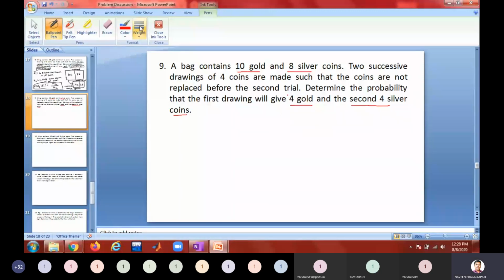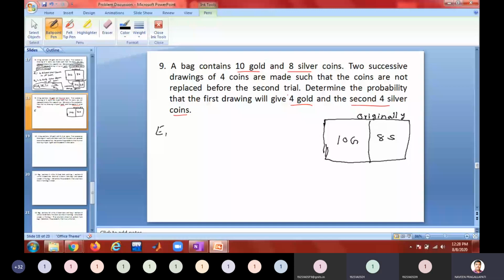Can you tell me now? Read the problem again carefully and tell me what is the question asked. Originally 10 gold, 8 silver. What is E1?